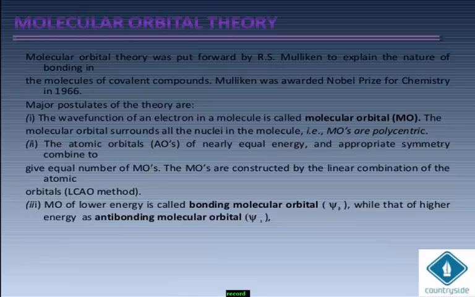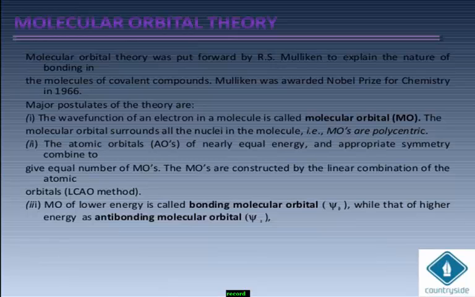When you observe the postulates of this theory, students, remember this theory explains the combination of atomic orbitals. According to molecular orbital theory, when the atomic orbitals are combined, they form molecular orbitals.